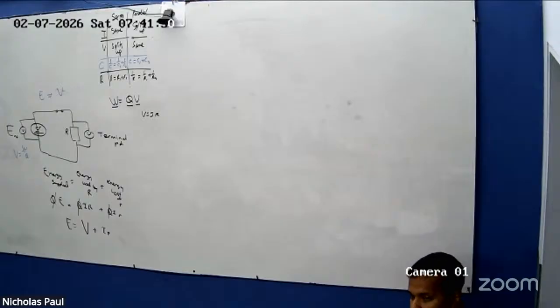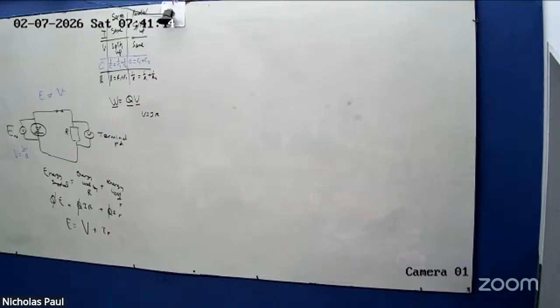If the current in the circuit is 4 amperes, calculate the terminal PD. Right, it's basic. Hurry up.